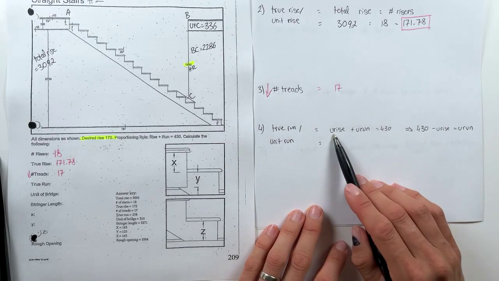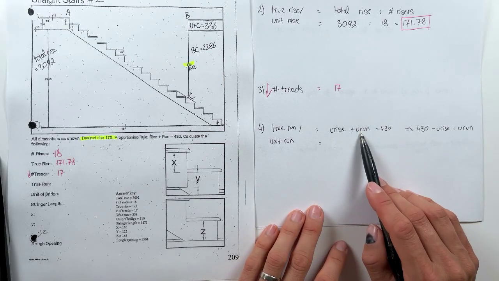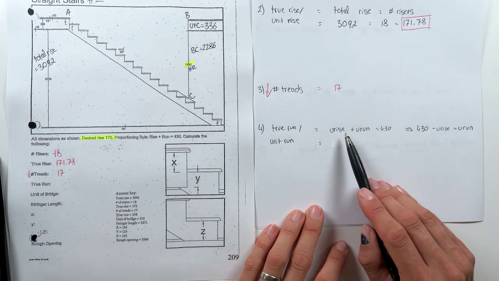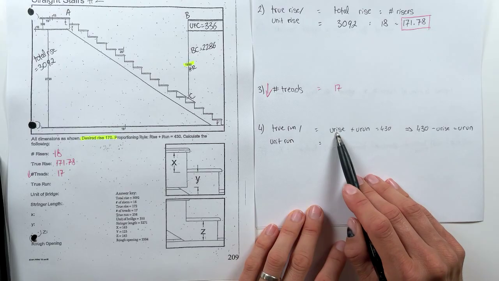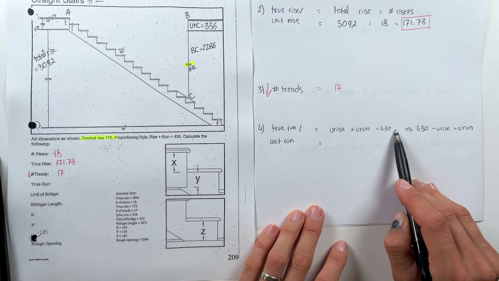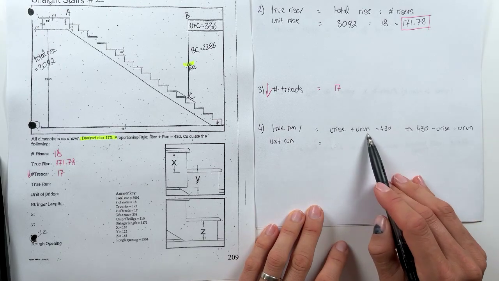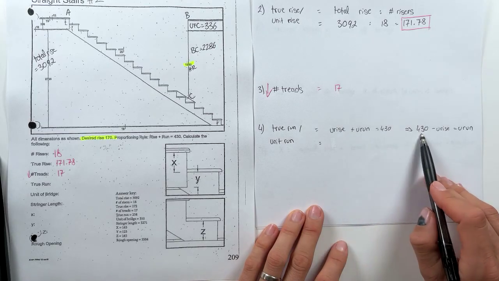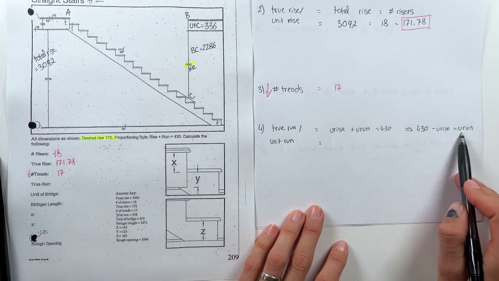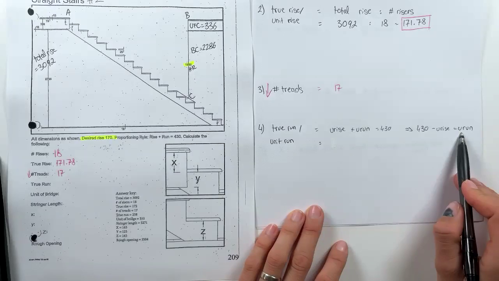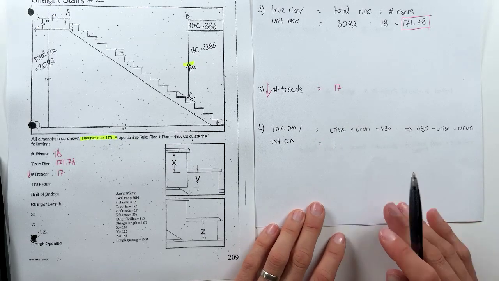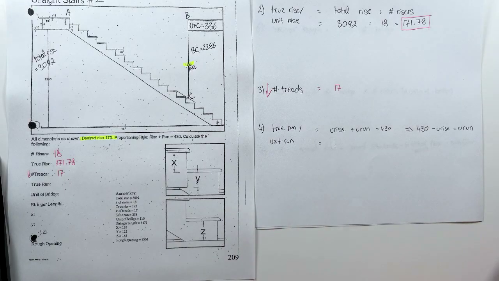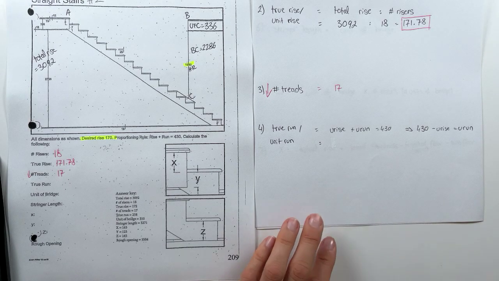So we do know our unit rise, but we want to find our unit run. So if we basically subtract the unit rise from this side and move it over here, we end up just with the unit run. So that's why 430 minus your unit rise equals your unit run. I hope that makes a bit of sense. That's just basic math equation moving around. Pretty sure those are the professional terms.